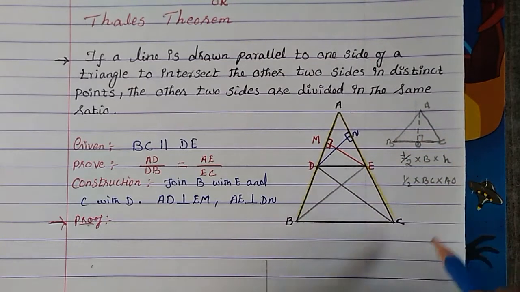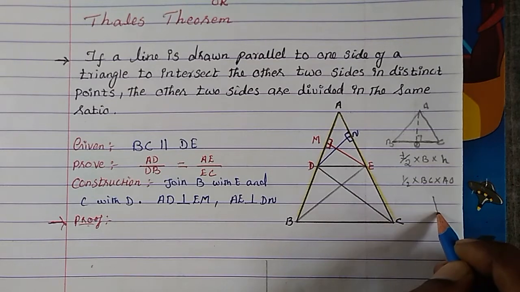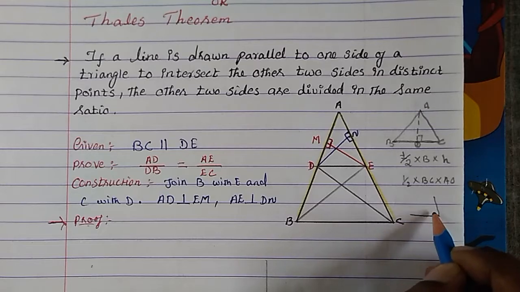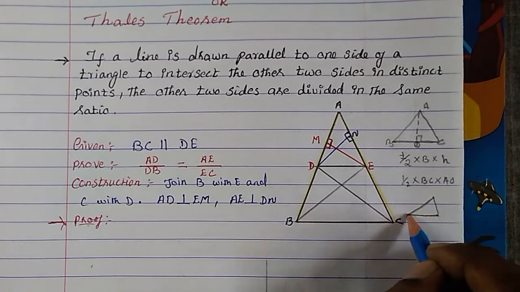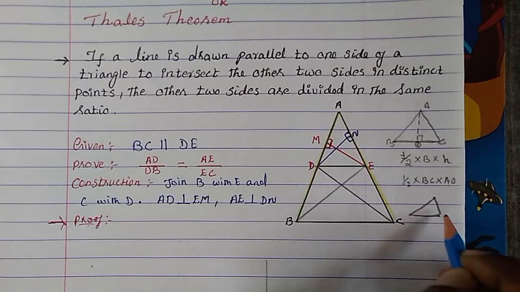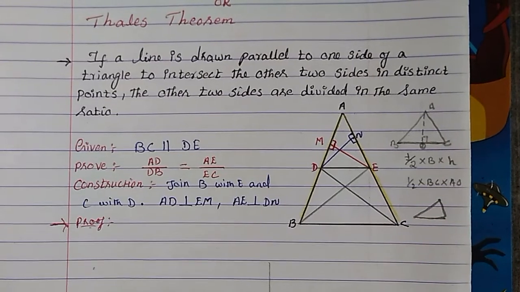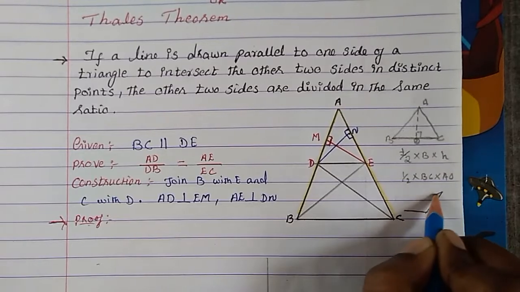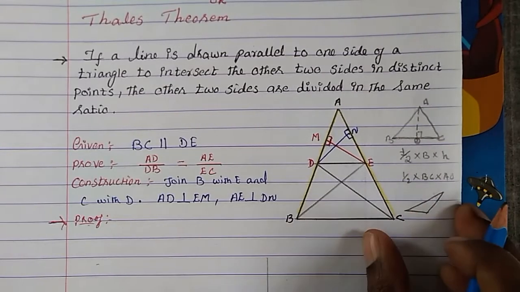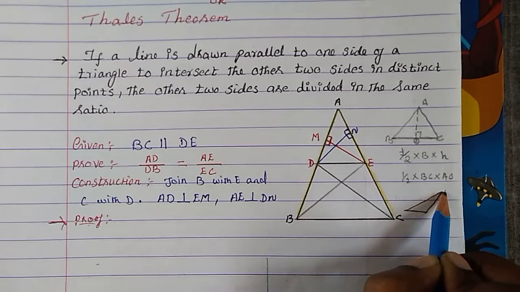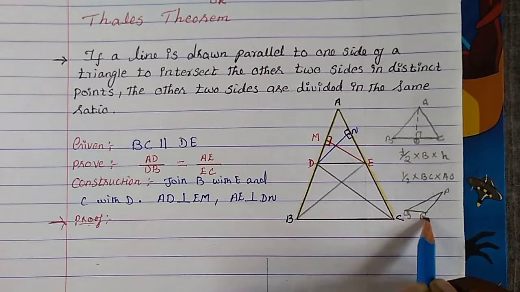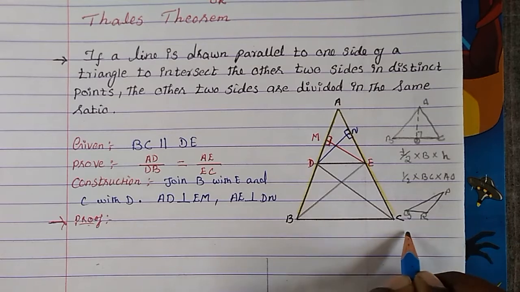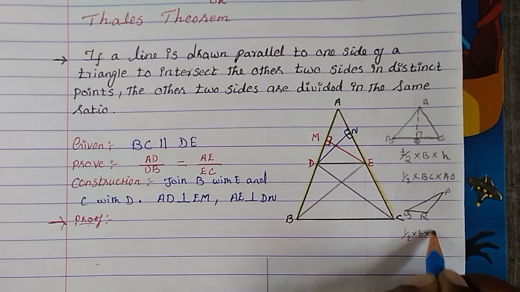Understand? If the triangle is in this direction, I'll just draw it properly. Let me show it like this. This triangle is like this, and here it has no height. Let's take this as PQR. For this triangle, if you have to calculate the area, you know it is half into base into height.